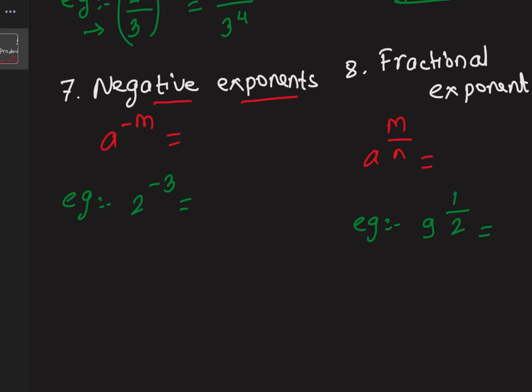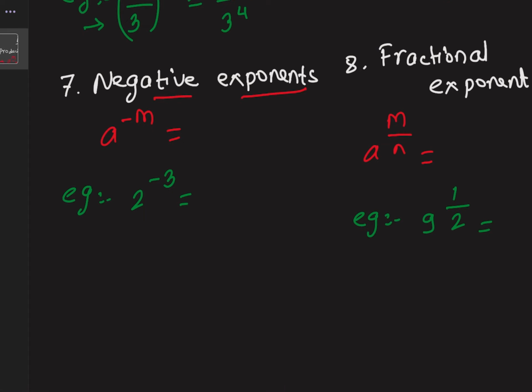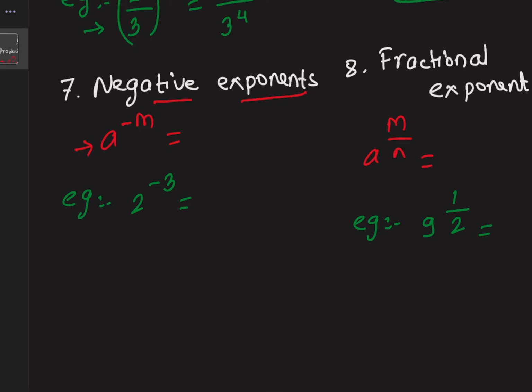And the other law is the negative exponent. For the negative exponent, we have the expression a to the power minus m. The negative exponent represents the reciprocal. Reciprocal means 1 divided by the base raised to the positive exponent. When we have a negative exponent, in order to make the sign of the exponent positive, we can simply take the reciprocal of the given base.